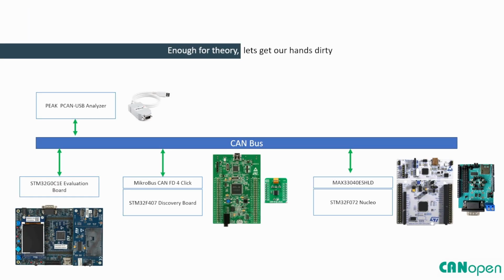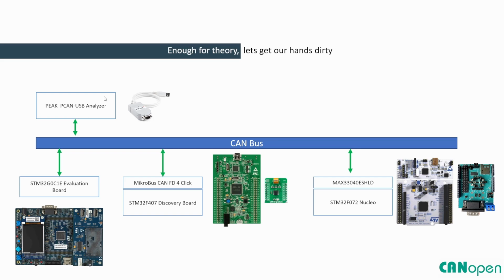All right, so let's start doing some practical examples. For this purpose, I have the STM32G0 evaluation board, an STM32F4 discovery board and an STM32F0 Nucleo. Just consider that the F072 has CAN. Other F0 parts, as far as I know, don't have CAN, but just check it; this one has CAN.